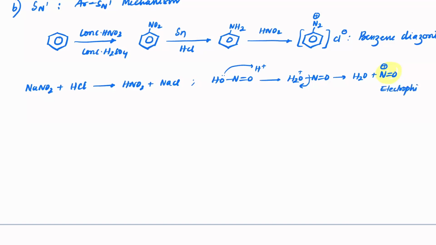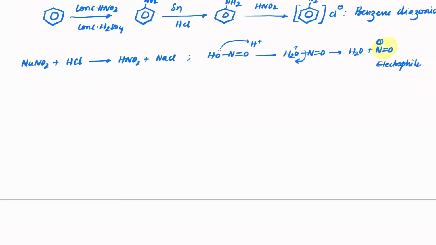Once you get an electrophile, aniline NH2 will react with the N double bond O plus and convert into N, H and H with N double bond O plus.